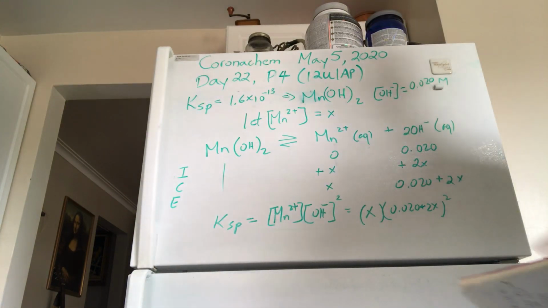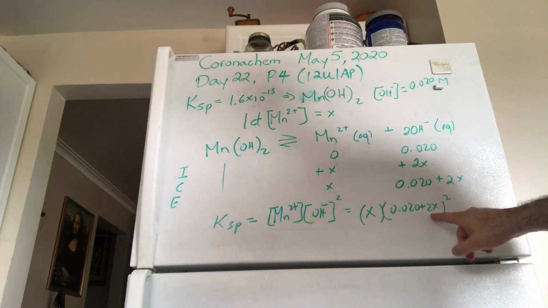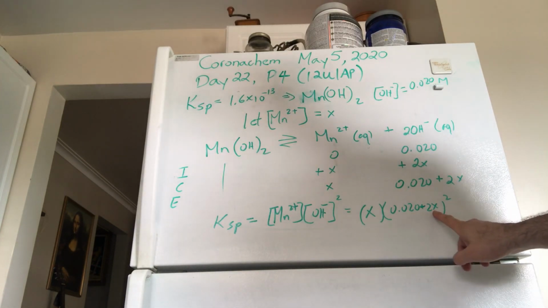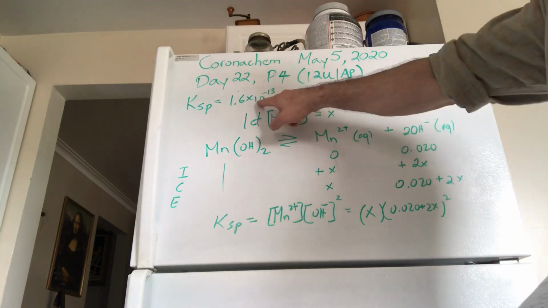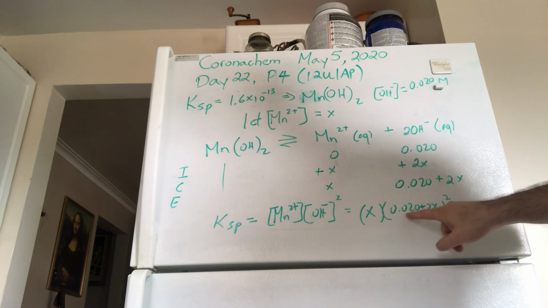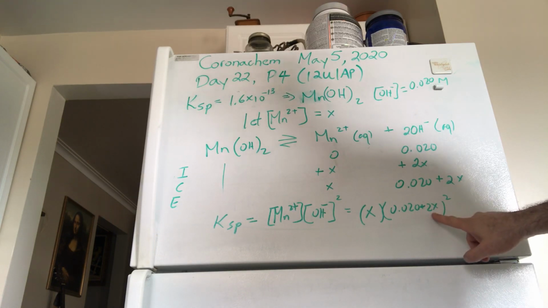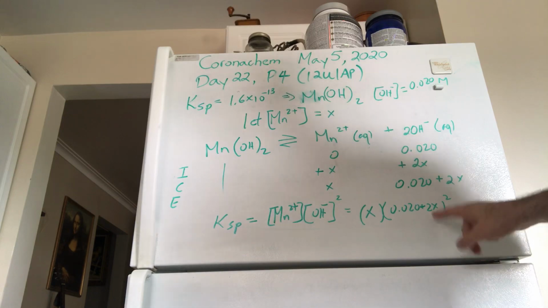What we can say, and that was the hint I gave you to do the completion of this homework, is that this quantity, this 2x, because this is a very low solubility, is going to be so small compared to 0.02 that you can essentially ignore it without harming the outcome of the calculation.